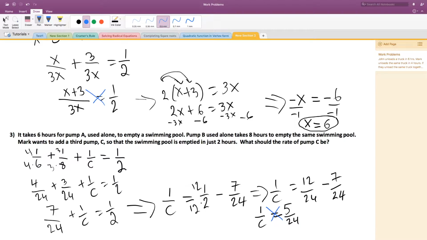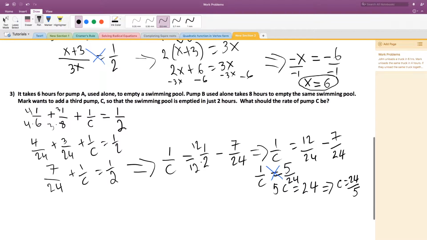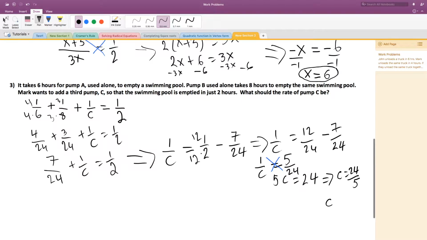Alright, if I do that, here I am going to get 5c equals 24. So you see that c is 24 over 5. Now, in other words, c equals 4.8 hours. Okay, so that's it.